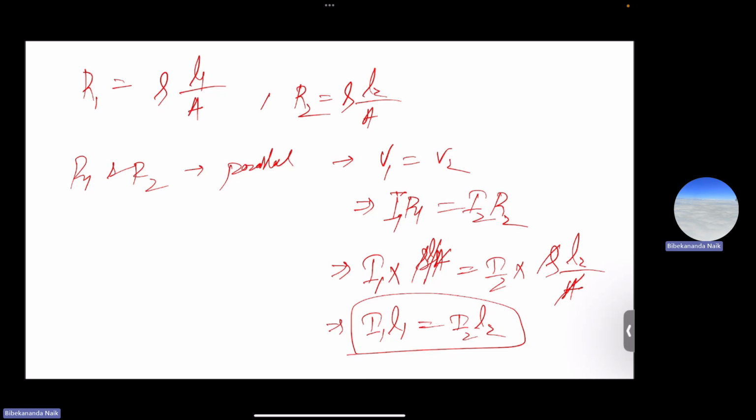Now if you use the concept of Biot-Savart's law, what will be the field due to portion L1?